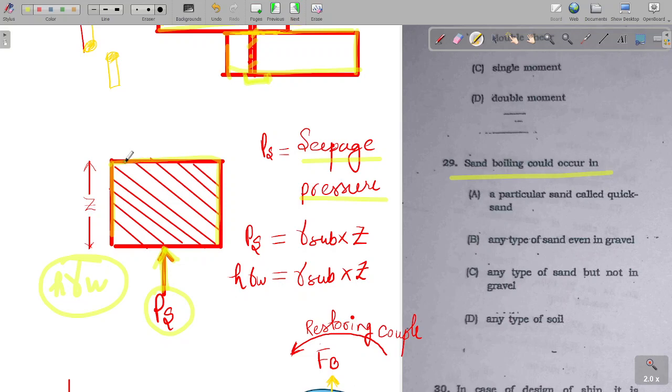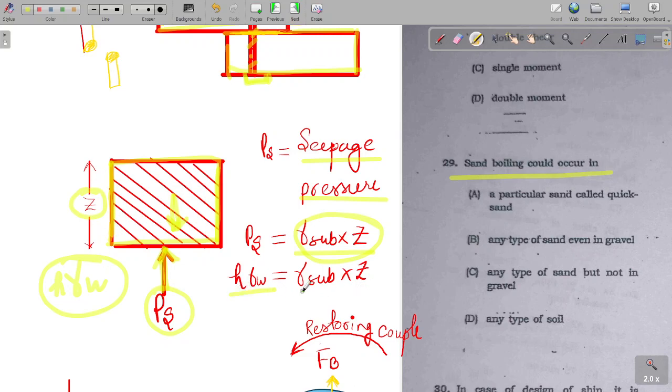Let's take this as a submerged soil mass. The effective weight acting will be gamma submerged into Z. This seepage pressure will be countered by the weight of the submerged soil mass, that is gamma submerged into Z, the height of the soil mass.